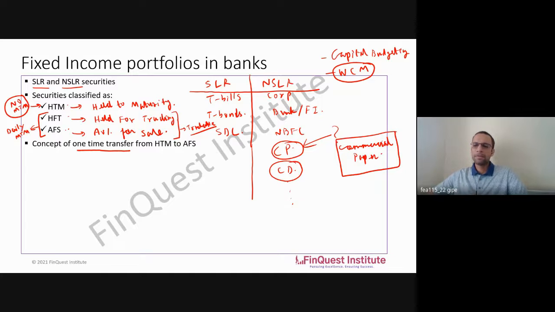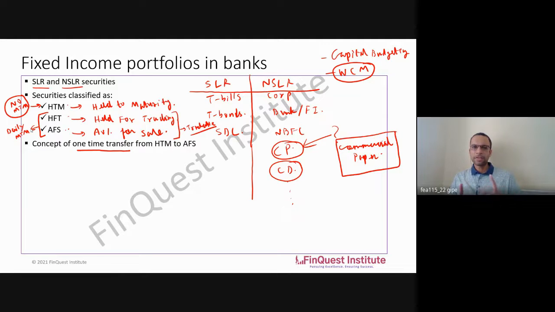So maybe a daily MTM can be for your exposure monitoring, for your risk management, for your capital calculations, etc. But anything in HFT or AFS will be exposed to interest rate fluctuations. So as the interest rate scenario changes, my investment in HFT and AFS will change as well. So that way you can look at daily MTMing versus no MTMing required.